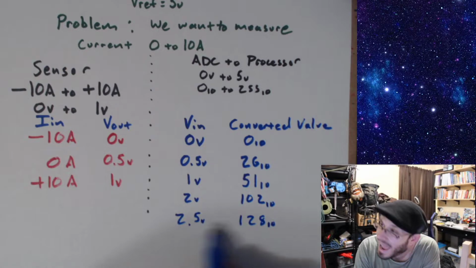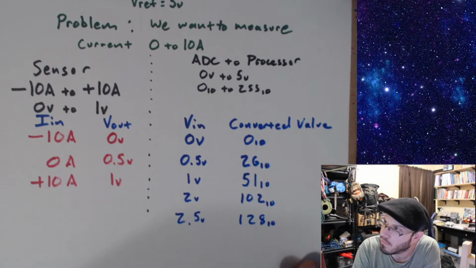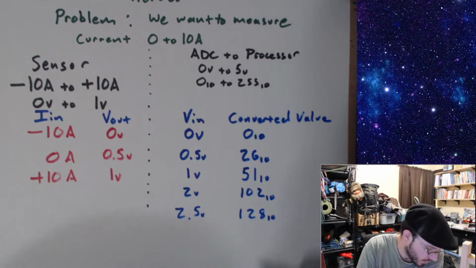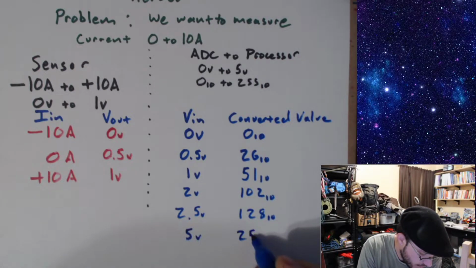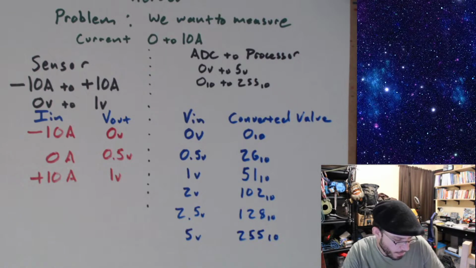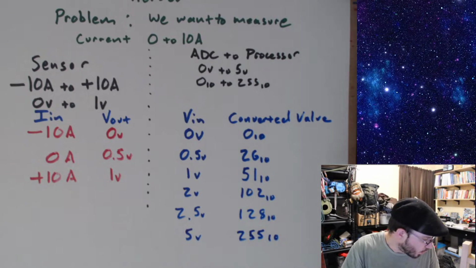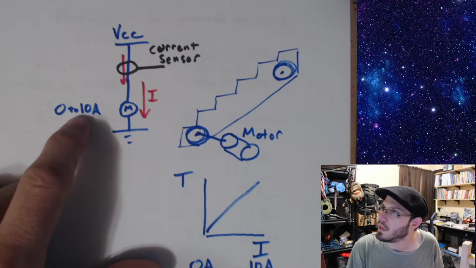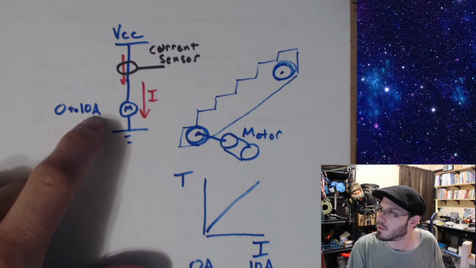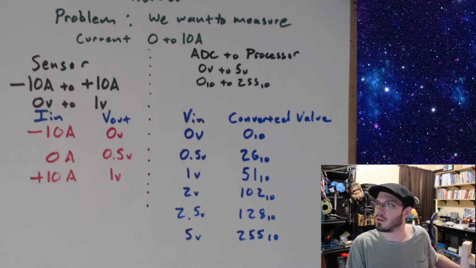And now we're at the halfway point of the range of our analog digital converter. And then we get 5 volts here, and 5 volts gets converted to 255. That's our full scale value. And so for our application where we're only using 0 to 10 amps, what does that look like?